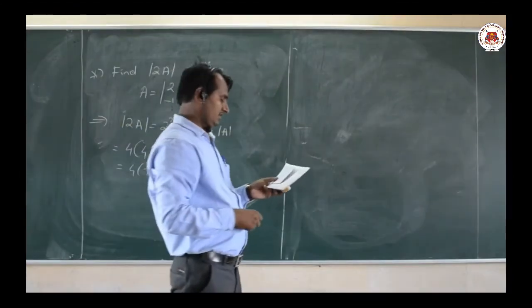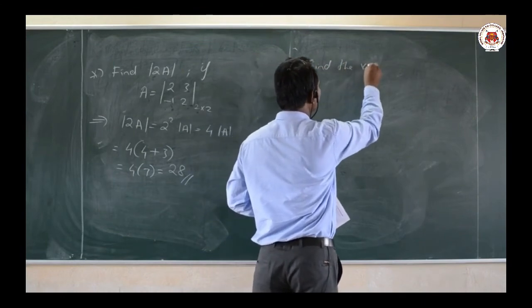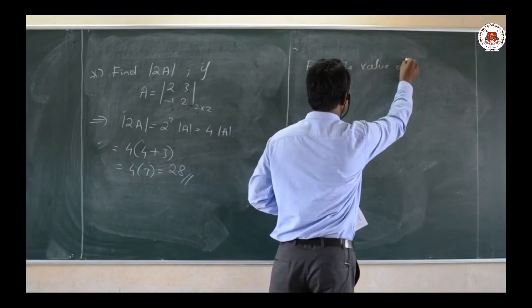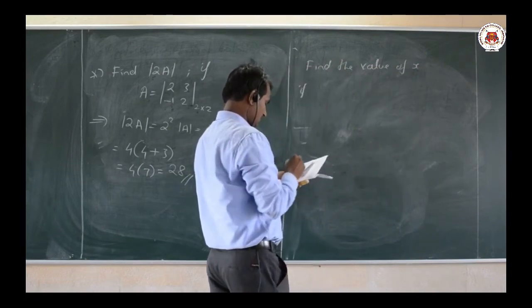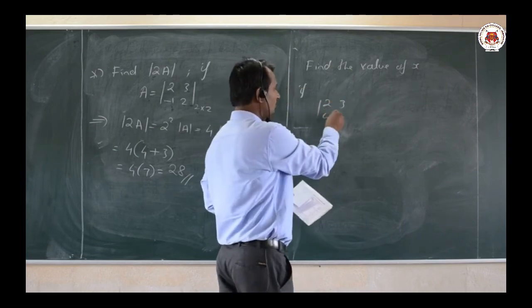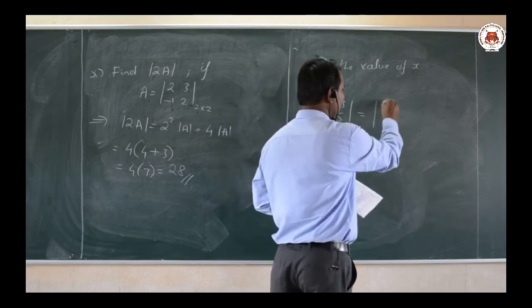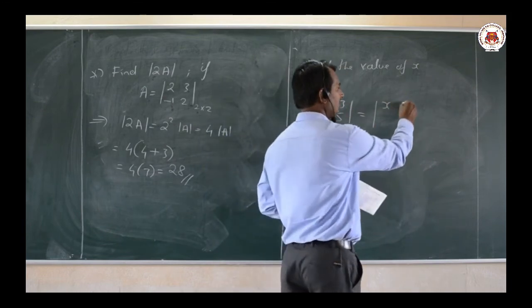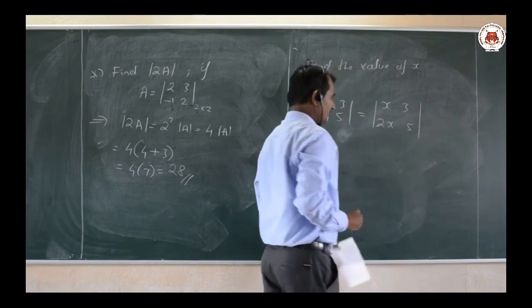Find the value of x if the determinant of 2, 3, 4, 5 equals the determinant of x, 3, 2x, 5. It is a very simple problem.